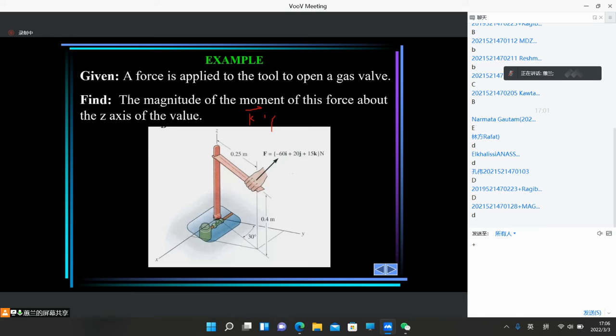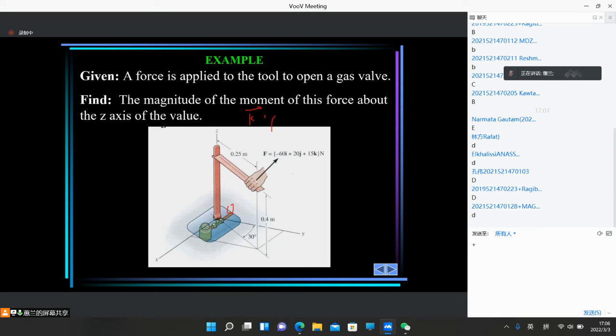You calculate the moment of the force F about the origin O, and then you can find the moment about the z-axis, right? So to find the moment of F about O, you need to find the position vector, right?